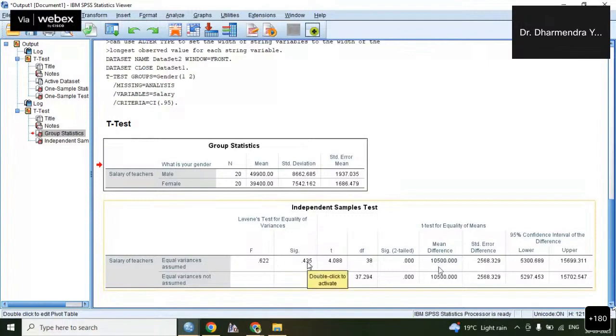Significant value is 0.435. This is our significance.